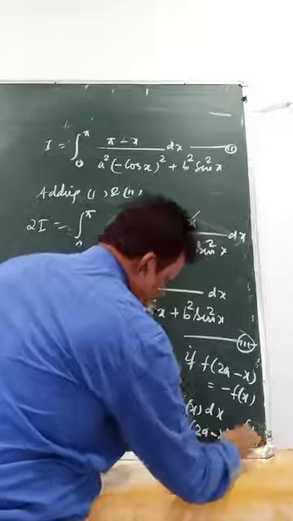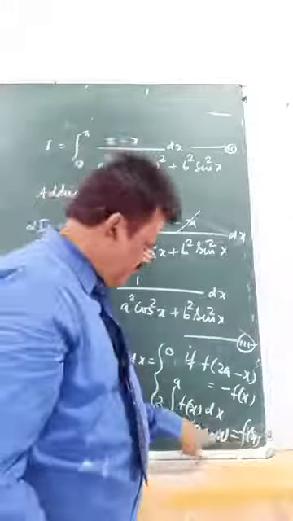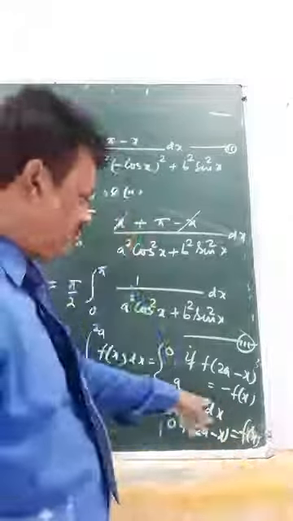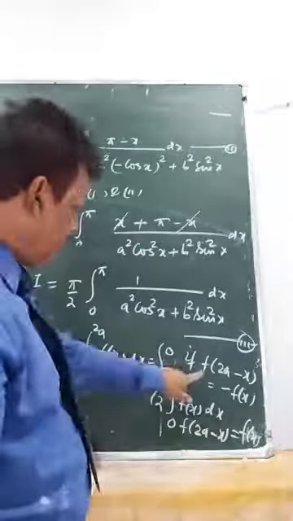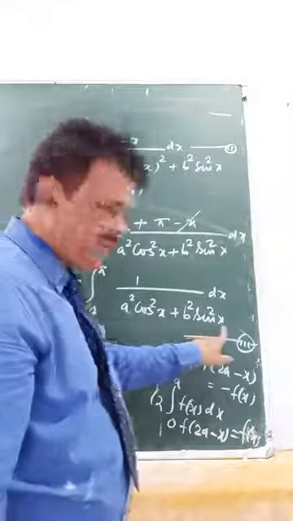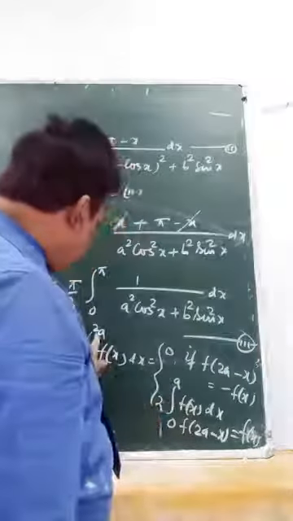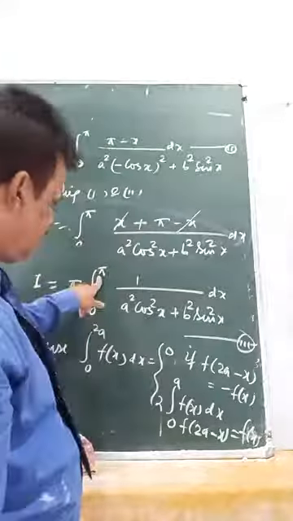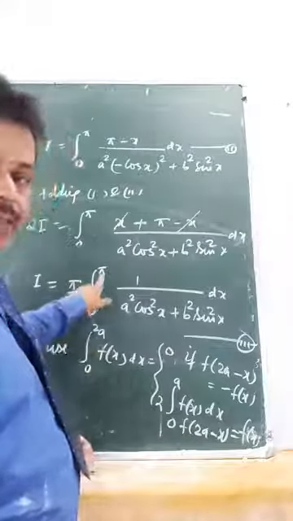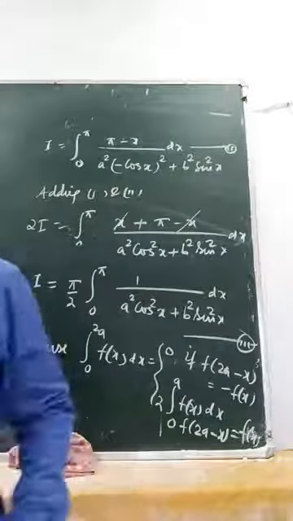I hope you can check it, you can see it here, because this formula I have written earlier. Now what is your fx? Your fx is this part. What is 2a? 2a is pi. In place of 2a, pi is there. So what are you going to write?